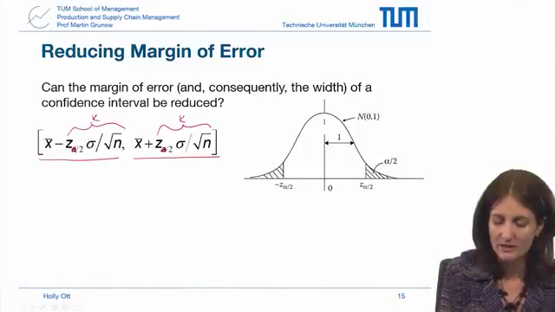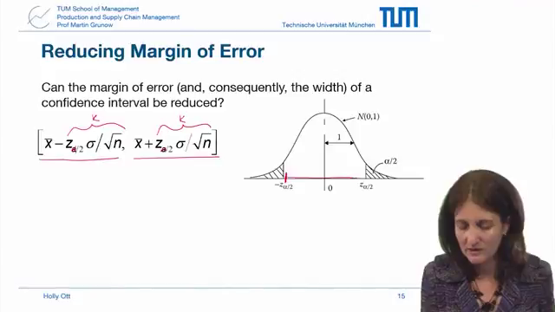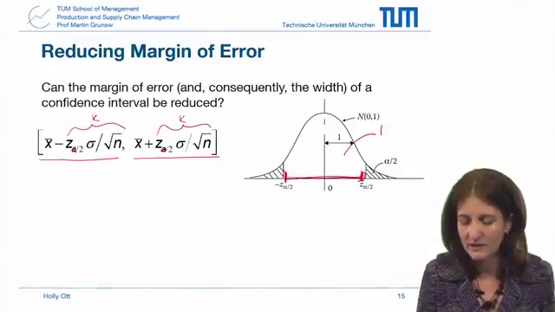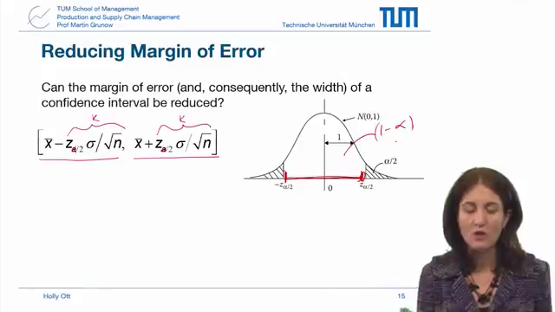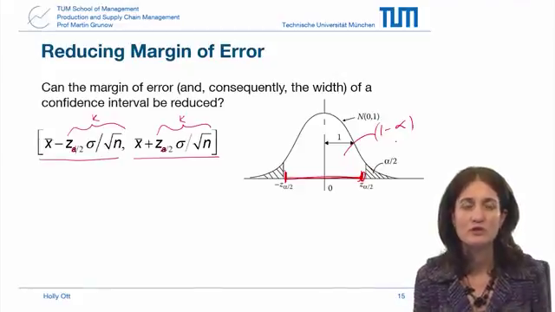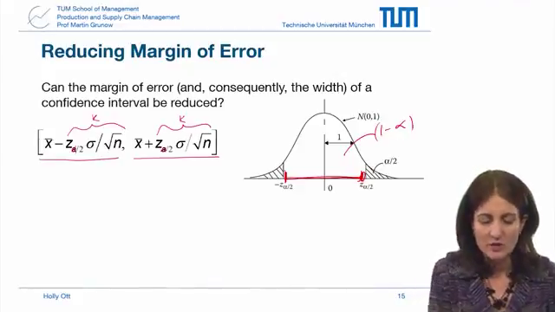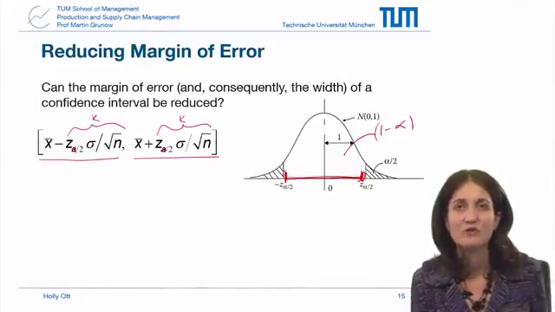We know how to calculate that. Here's a picture. The z alpha over 2 values are defined, of course, by the 1 minus alpha probability within those 2 values. What do we have to work with? What would you do if you wanted to make this k value smaller?